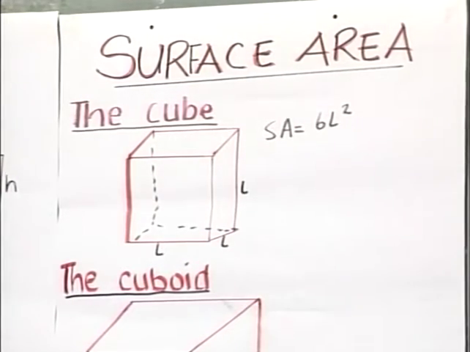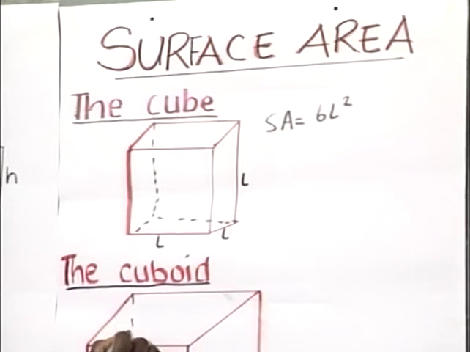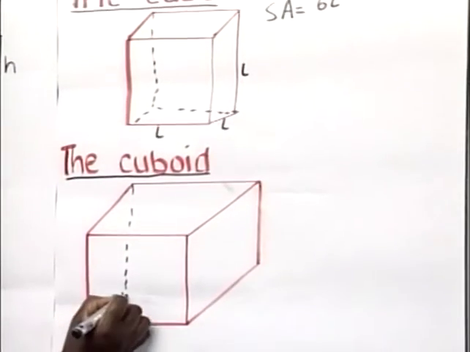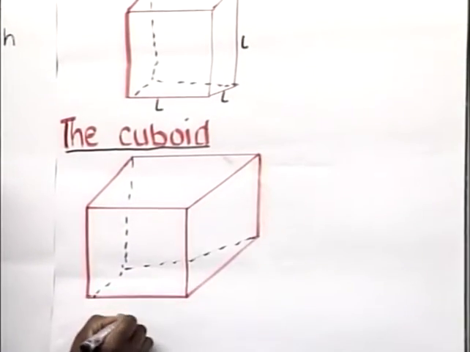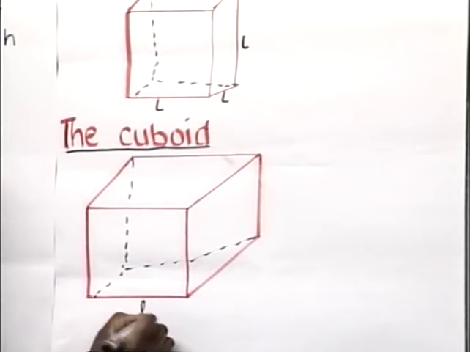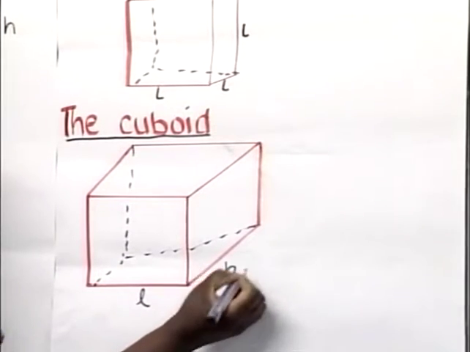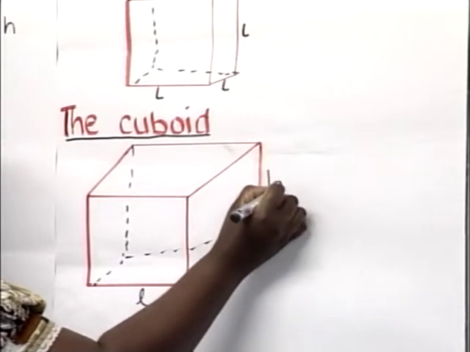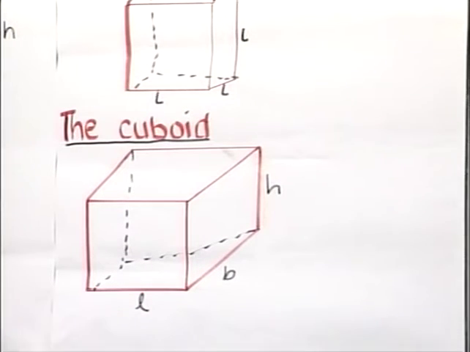Okay, the cuboid. All right, I have L, let's say B, and H. Peter, the surface area of a cuboid.